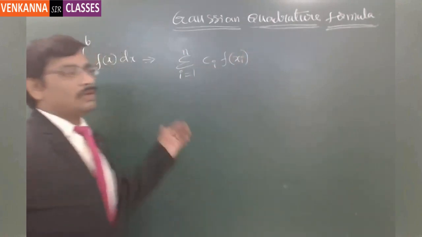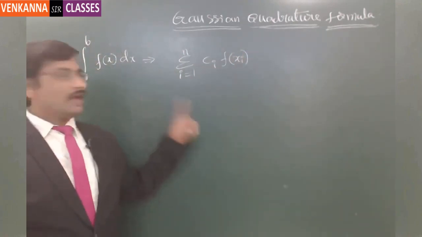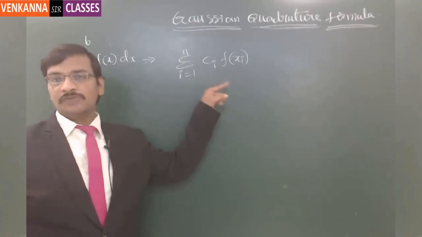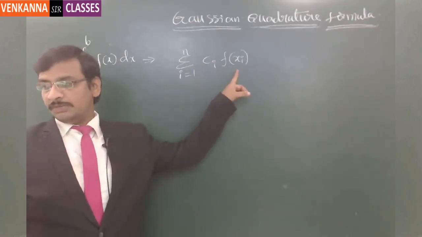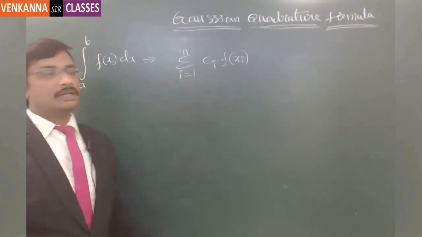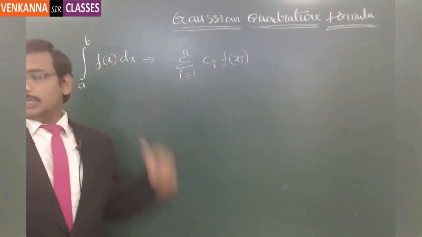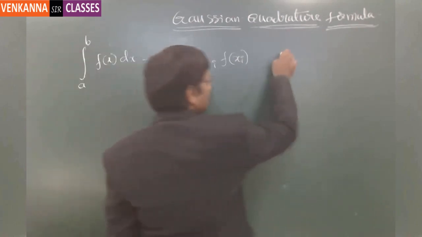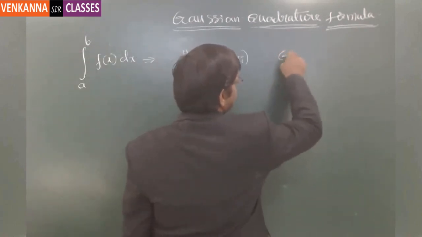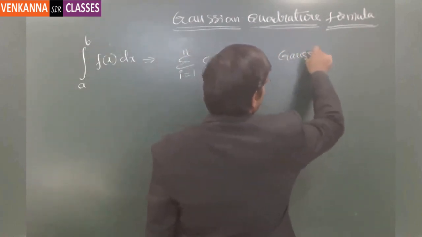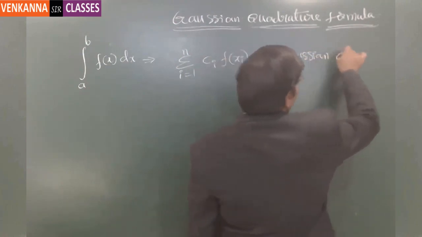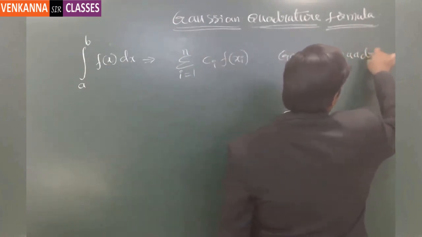So if you are able to express the integral value as a weighted multiplication of the functional value at different variables, so this comes together if it is equal to the integration value, and this equation is called the Gaussian quadrature equation.